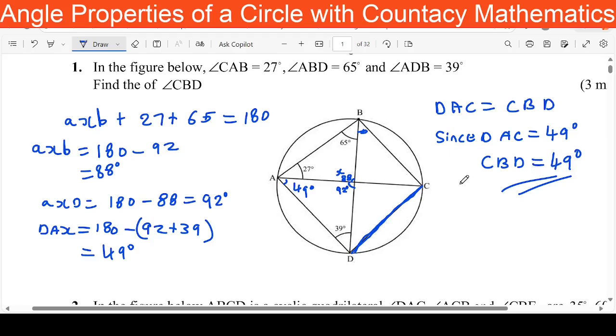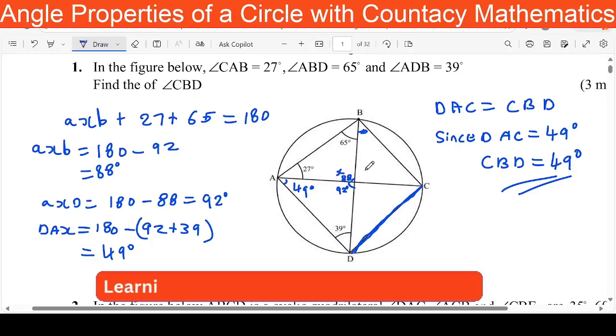But then you also indicate that angle DAC is equivalent to CBD because they are angles subtended by the same chord DC to the circumference of the circle. So with that, we can move on to the next question.